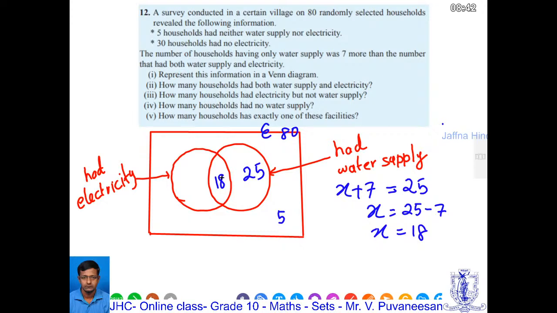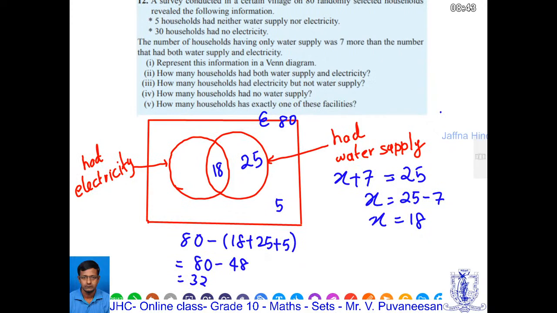Through this we can fill the remaining region also. Altogether it is 80, so 80 minus (18 plus 25 plus 5) gives the region that had only electricity. 80 minus 48 is 32.